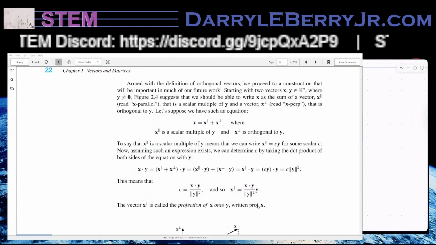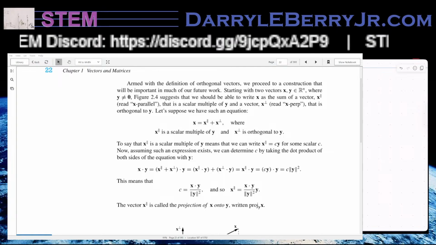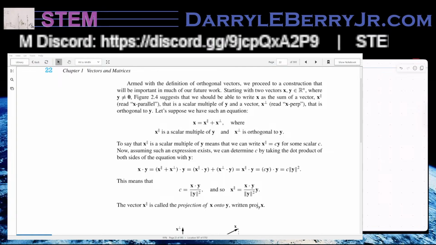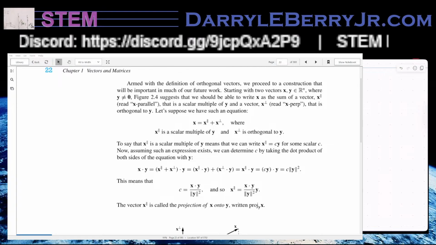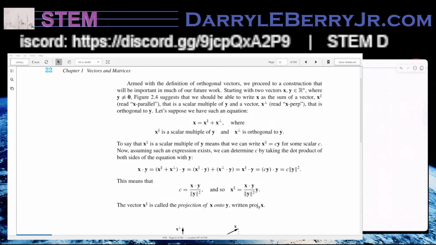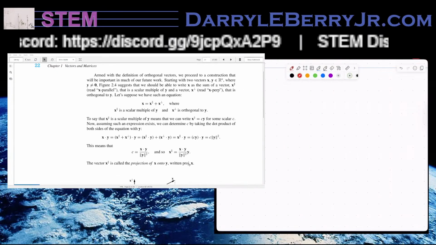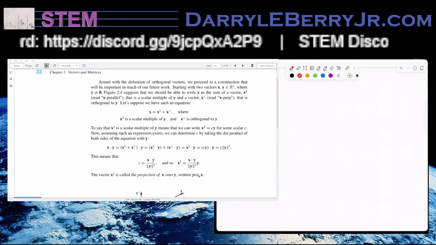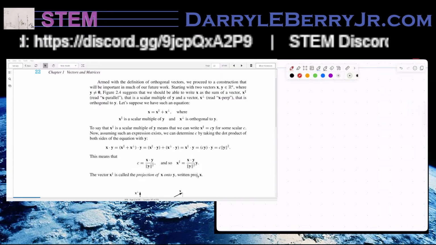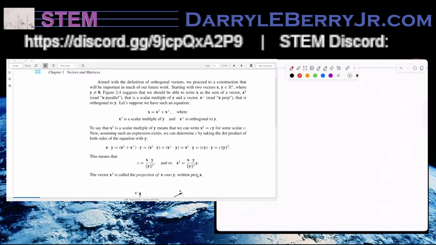I'm looking at this right here. Maybe I should move this a bit in case I forget to maximize it again. Won't be as zoomed in, but it'll at least be visible.